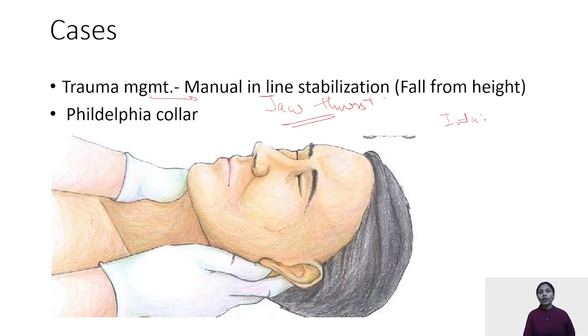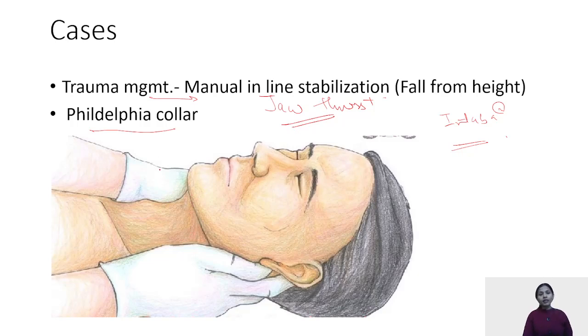Now, if you want to intubate the patient, how are you going to intubate? For that, we use manual inline stabilization, or we apply a Philadelphia collar to the patient in order to stabilize the neck, in order to stabilize the cervical spine.